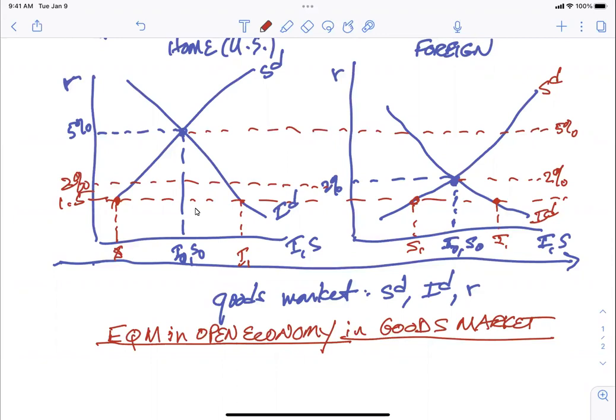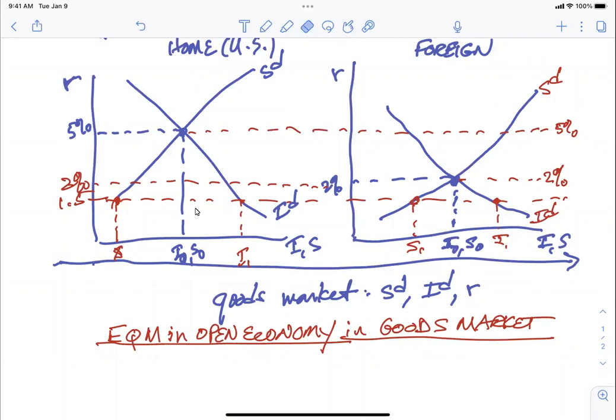No, just look at the graph. You're saying when the savings and investment equal the same amount. There you go. The saving equals investment. Same thing in the foreign country, right? By itself, the equilibrium is where saving equals investment, right? No surplus, no shortage, right?